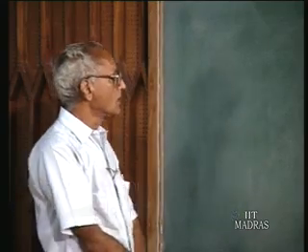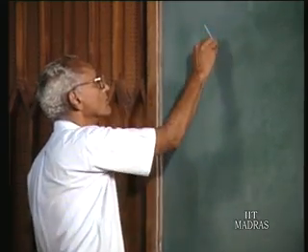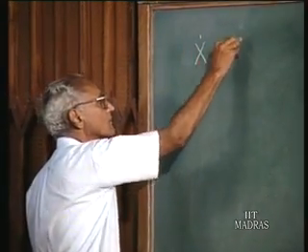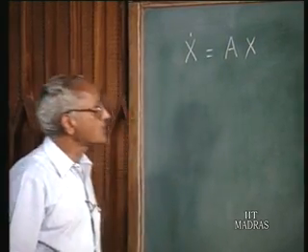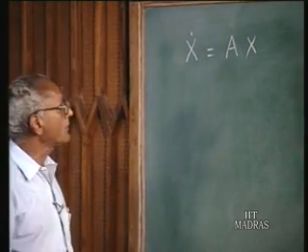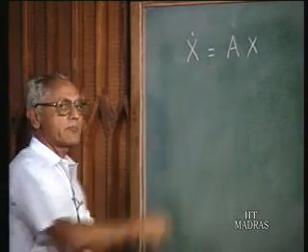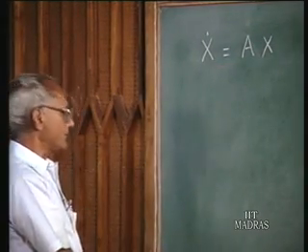In the last lecture, we were considering the solution of the homogeneous matrix equation of the form x dot equals Ax, where x and x dot are n vectors, column of n entries, A is a square matrix of order n by n.